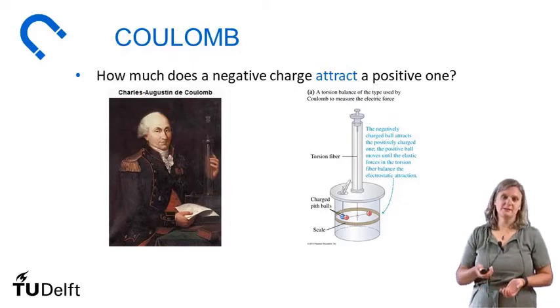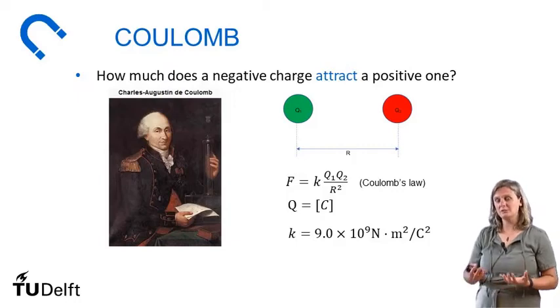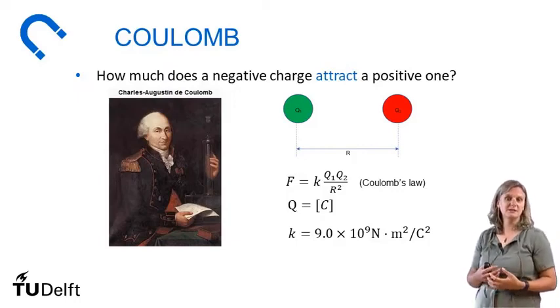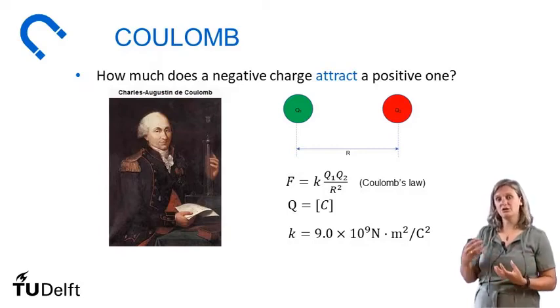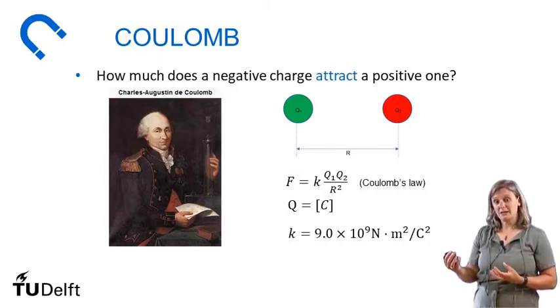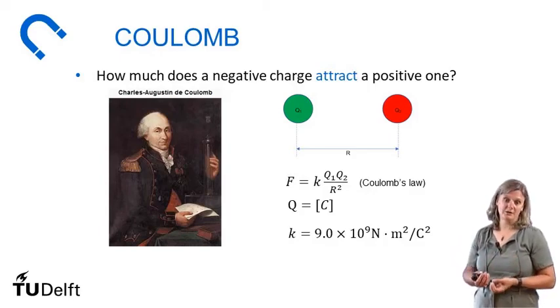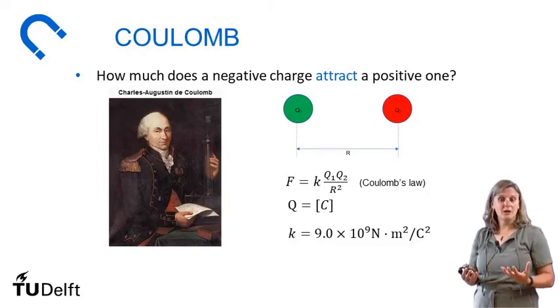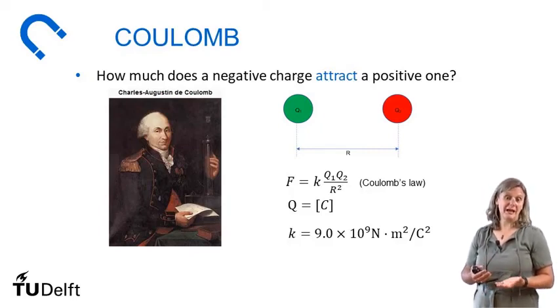So what did he find? What he found was the very famous Coulomb's law. What Coulomb's law tells us is that the force of one charge Q1 on another charge Q2 scales as Q1 times Q2 divided by the distance between them squared, multiplied by a constant K. To recognize Coulomb for his beautiful law, this law was named after him, but also the constant K is what we call Coulomb's constant.